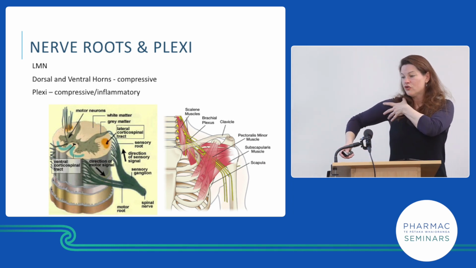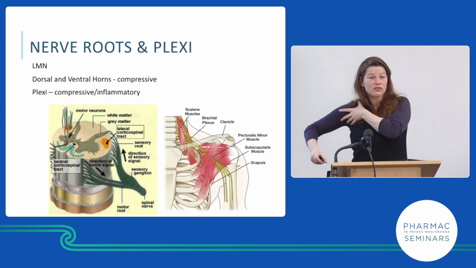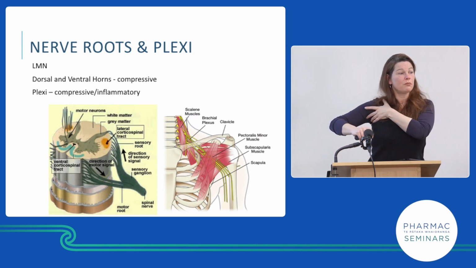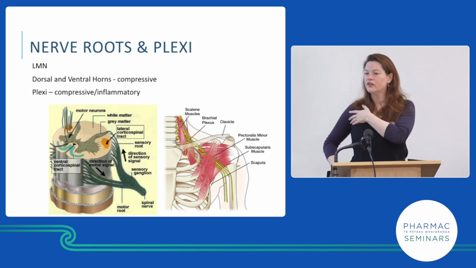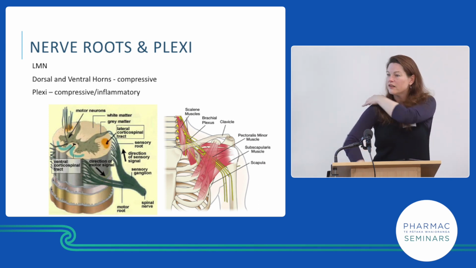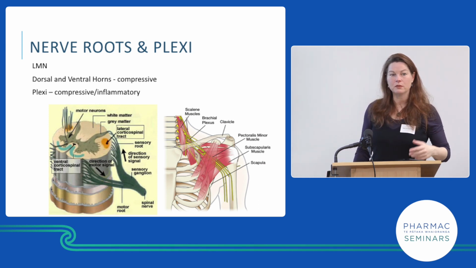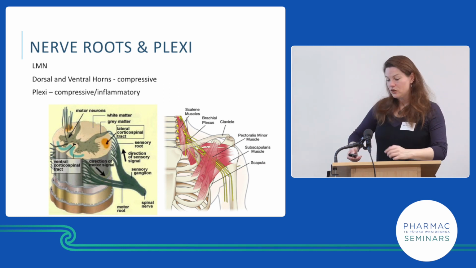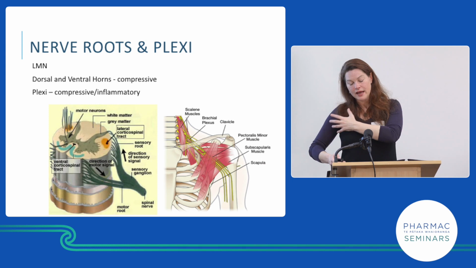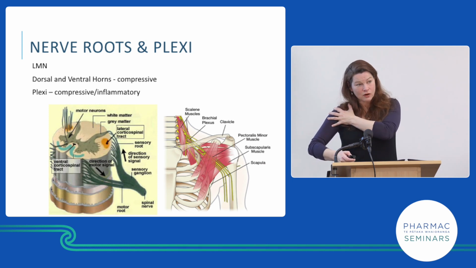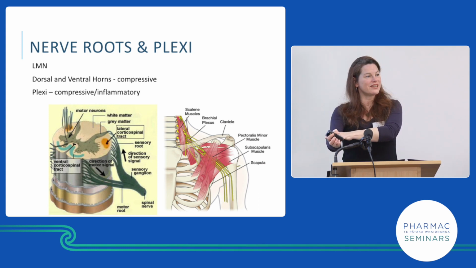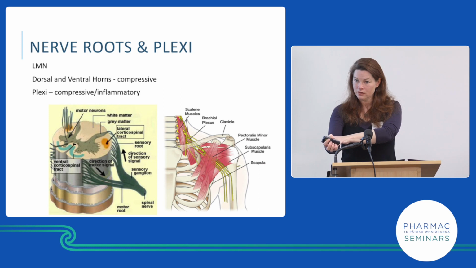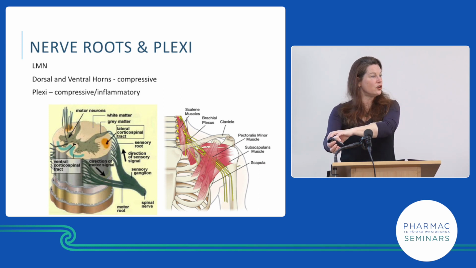In the shoulder, it's most commonly actually injury. So motorcyclists or sports people, rugby players, if you have a sudden injury going backwards, they are the ones who get the winged scapula. That's a brachial plexus injury. And then you get these people who get an inflammatory problem where they get quite sudden onset of severe pain. A day or two later, they get numbness and weakness in their arm, and it doesn't quite fit into a dermatomal pattern of a nerve root problem or the pattern of an ulnar or median or radial nerve.